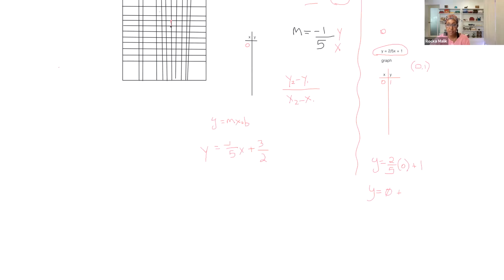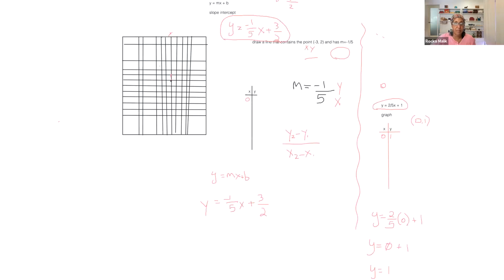Plus 1. I'm just left with y equals 0 plus 1. And y equals 1 when my x is 0. So this becomes my point. I wouldn't change the 5/5 and add it, because this is nothing. Okay.